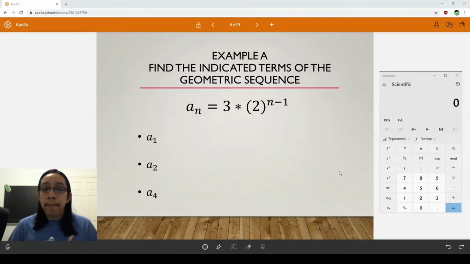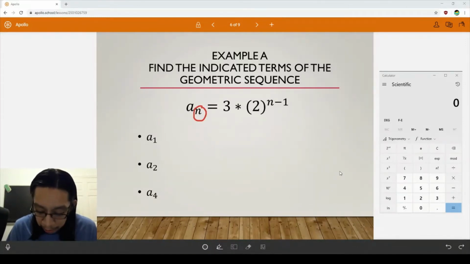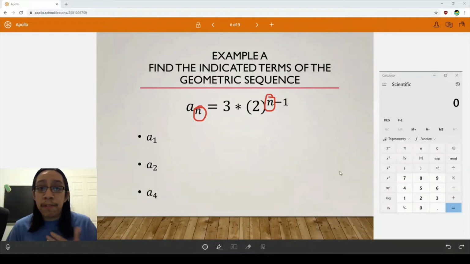For example, let's find the indicated terms of the geometric sequence. Just like before with sequences, what we want to focus on is the different parts of the formula. Remember that when you're plugging anything into the formula, your focus is on whatever the number is for n.